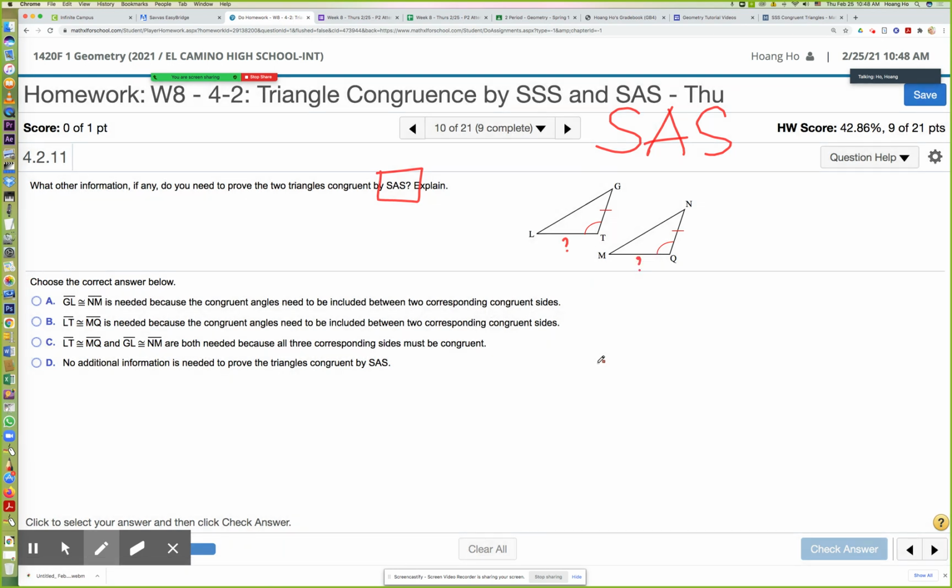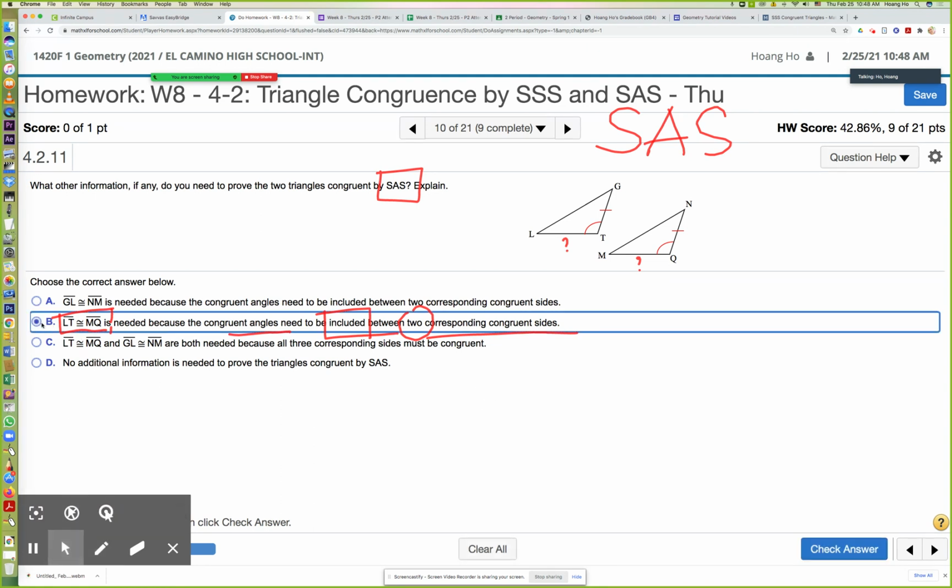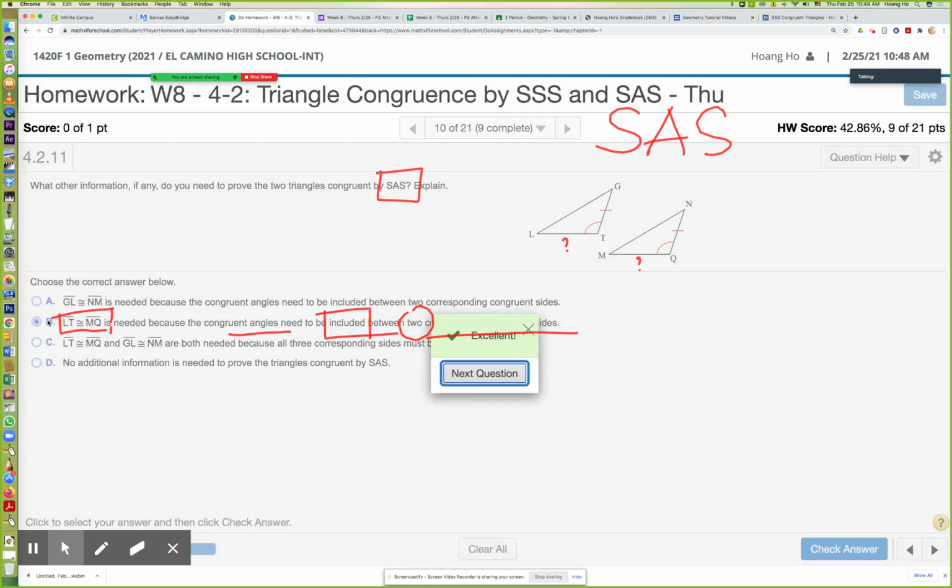Then these two triangles can be congruent by SAS. LT congruent to MQ is needed because the congruent angle needs to be included between two corresponding congruent sides. So I have to choose option B right here.